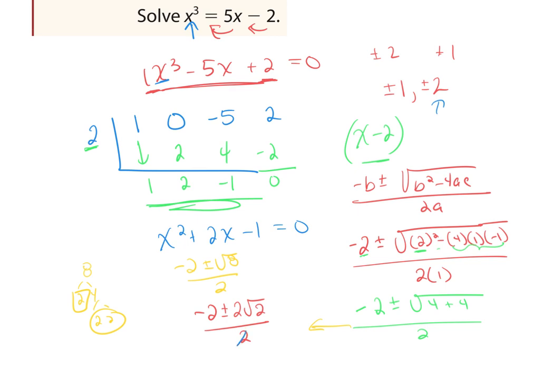So I can say 2 divided by 2 is 1, 2 divided by 2 is 1, 2 divided by 2 is 1. And so while my first answer they gave me, they said 2 is a 0, if I'm looking for my zeros, they gave me this one, so I know that's one of them. And then I have this guy that I just reduced, and you can leave it negative 1 plus or minus the square root of 2. Technically negative 1 there, because I still had a negative.